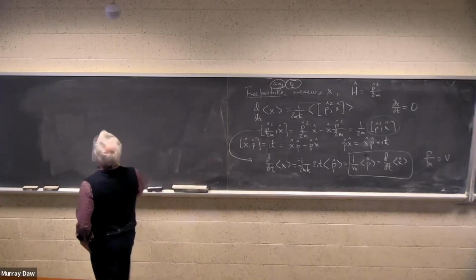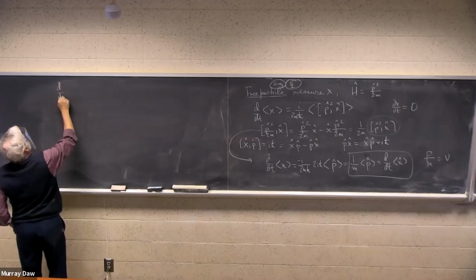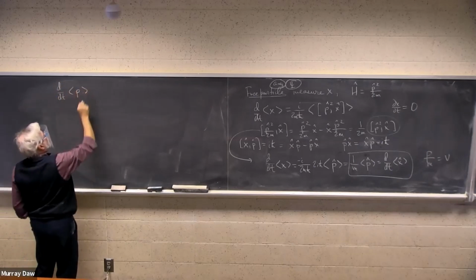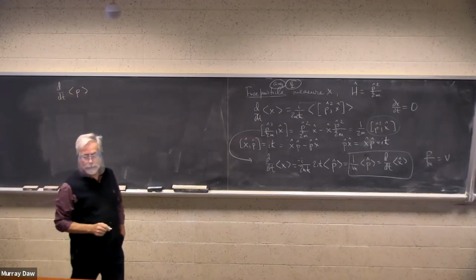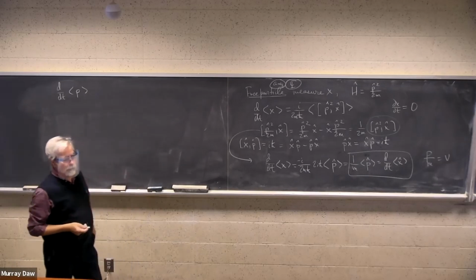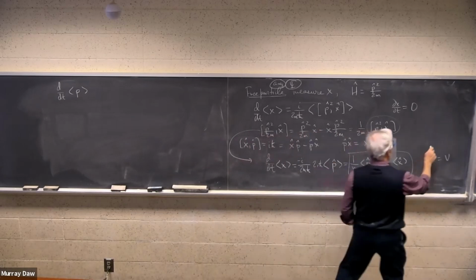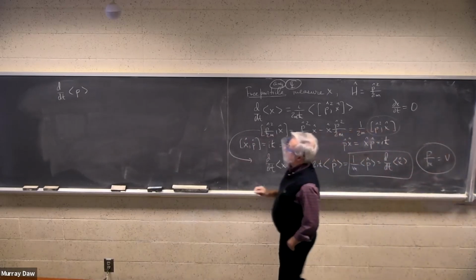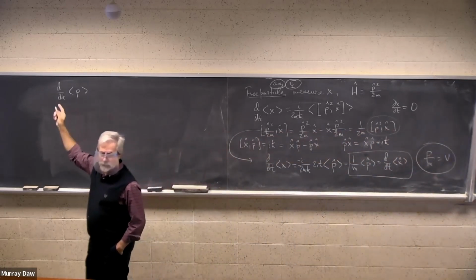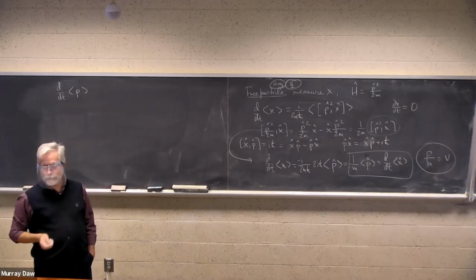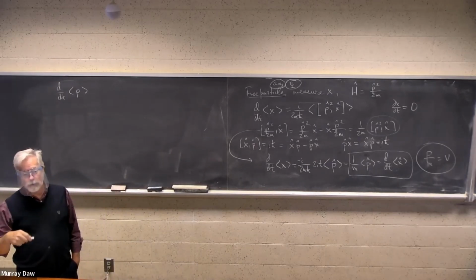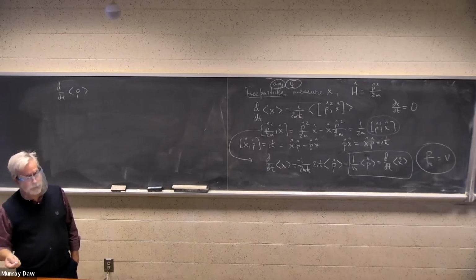Here's another one. Let's do the time derivative of the average of the momentum. What's the corresponding classical equation? That should be equal to the force. We have a particle moving in a potential.